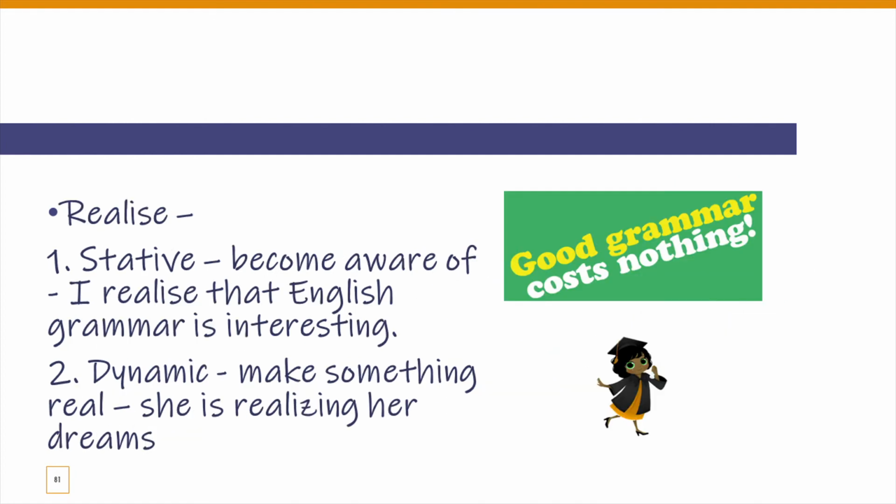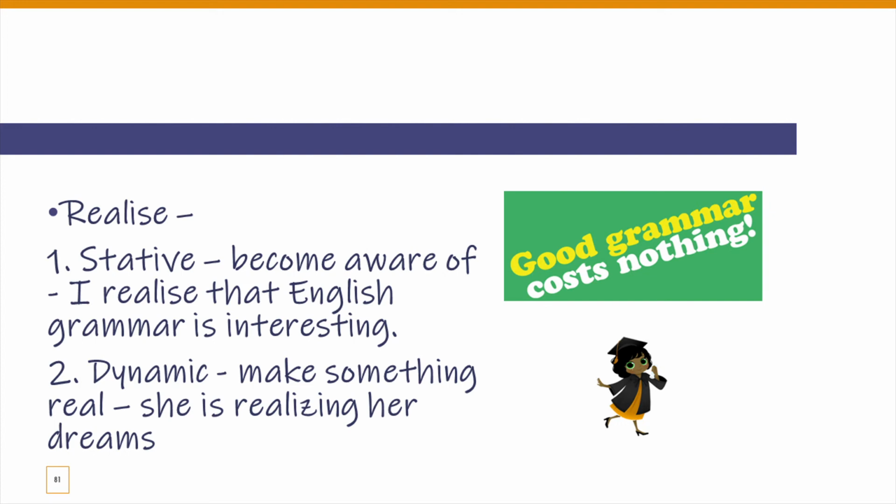Okay, the next one is realize. Realize has a stative meaning, number one, and number two, a dynamic meaning. So stative meaning is to become aware of. Just like you were not familiar with something and you suddenly realize, it occurs to your mind.